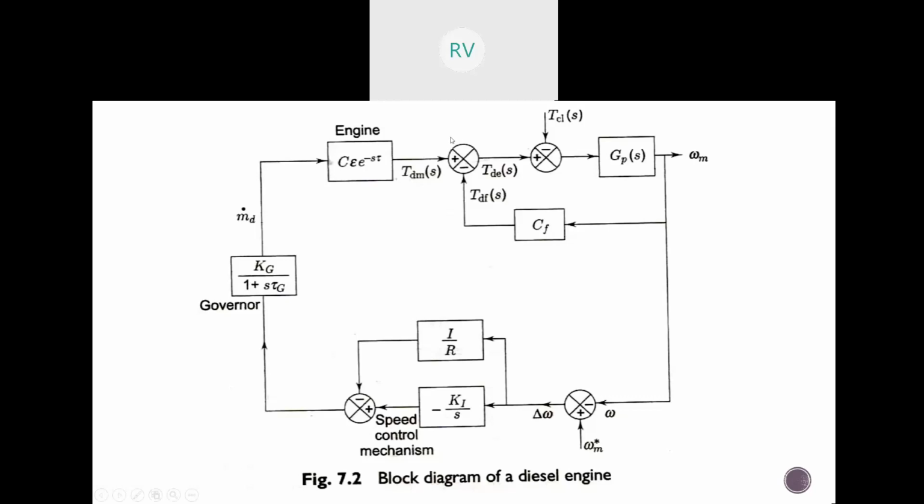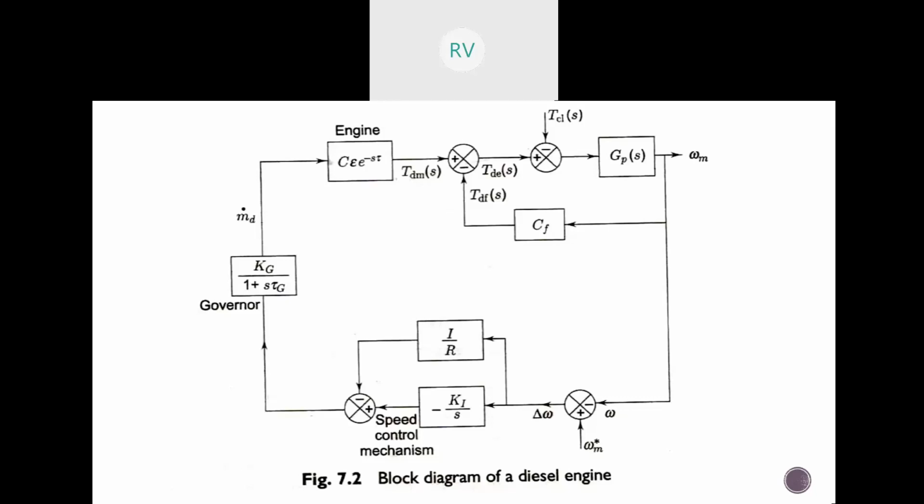TDL is the load torque. R is the speed regulation parameter. MD dot is the engine fuel consumption rate. Based upon different parameters, we have different situations here.